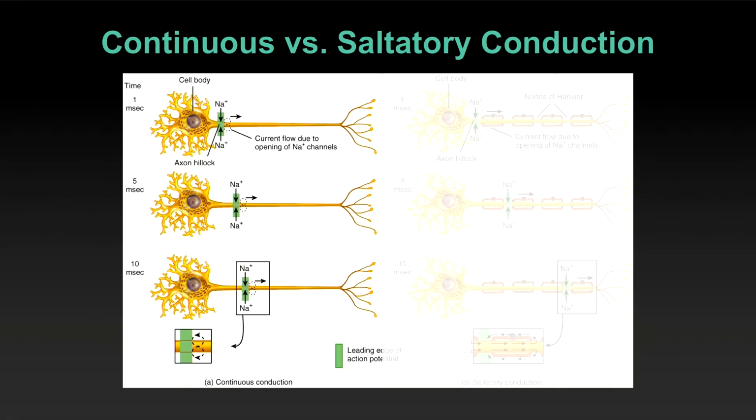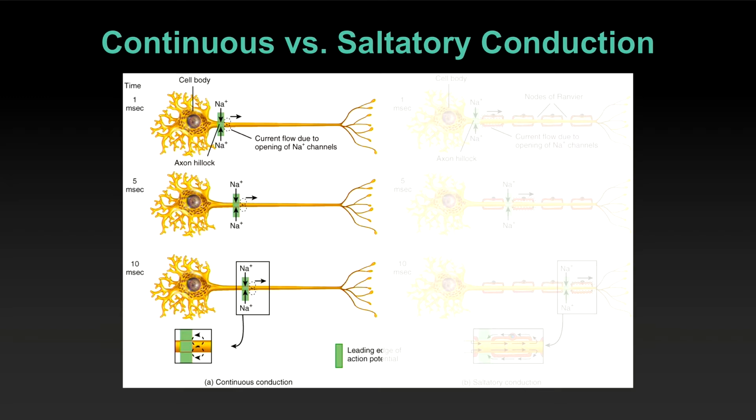Everything we've talked about so far is continuous. If you take our one idea of a bubble and you link a few of those cells together, or different regions of an axon depolarize all at once, we're describing continuous conduction.